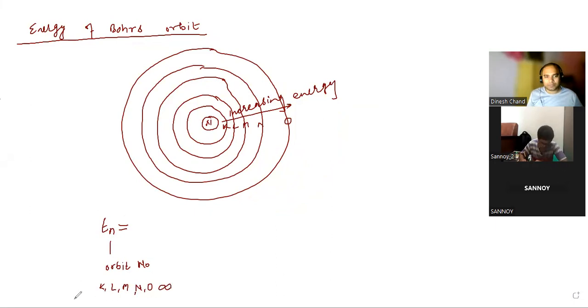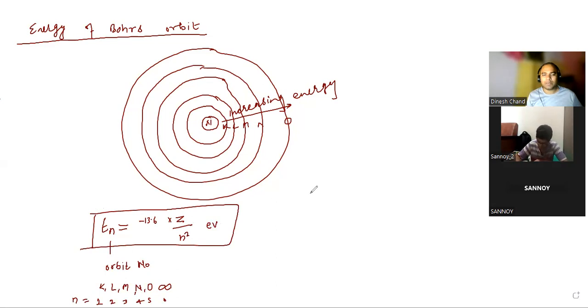So the value will be 1, 2, 3, 4, 5, any number. And how do we calculate? It is minus 13.6 into Z square upon n square electron volt. This is the formula.